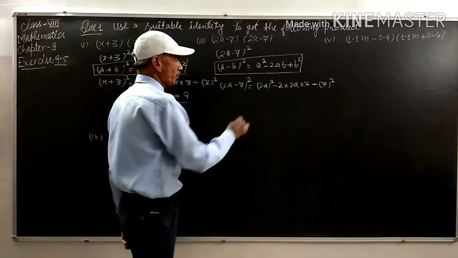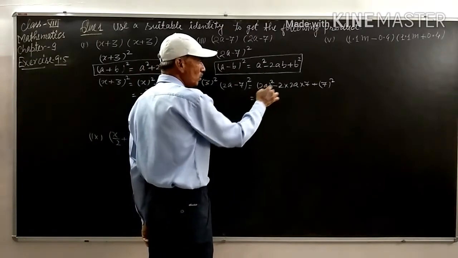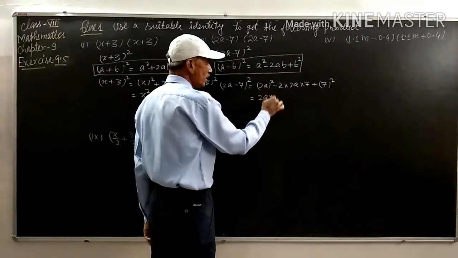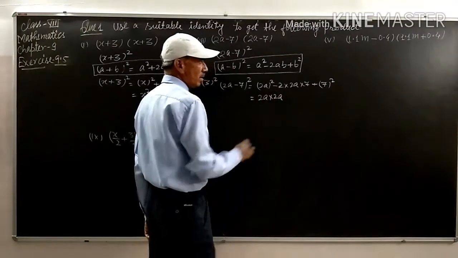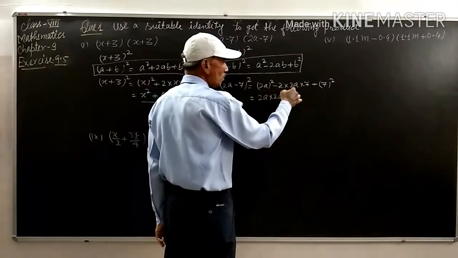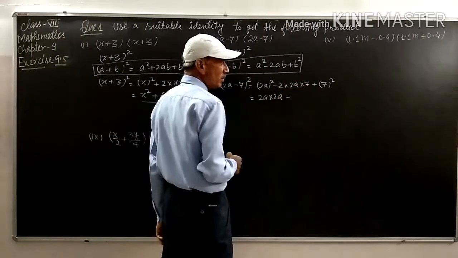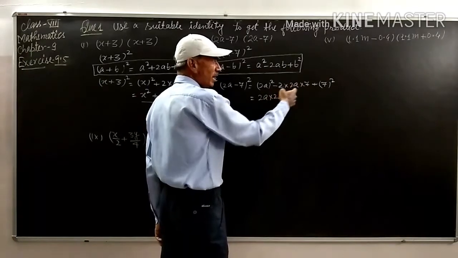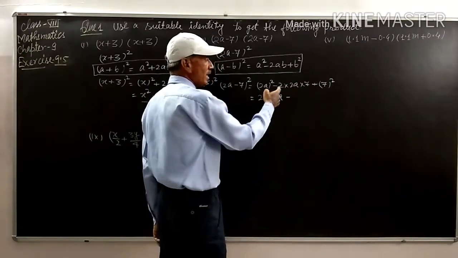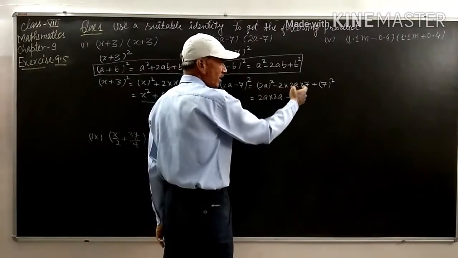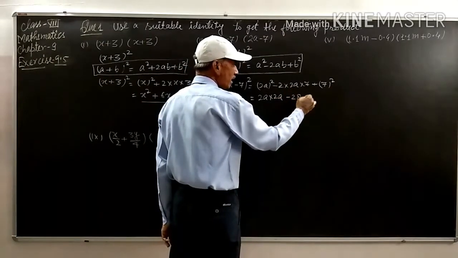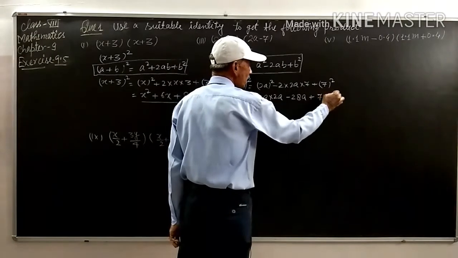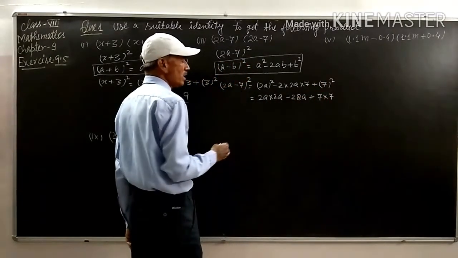Clear student? Now this one, (2a) whole square, it means 2a into 2a, minus 2 into 2 into 7, that is 28. Students, we multiplied the numbers together and wrote a as it is. Plus 7 square means 7 into 7.